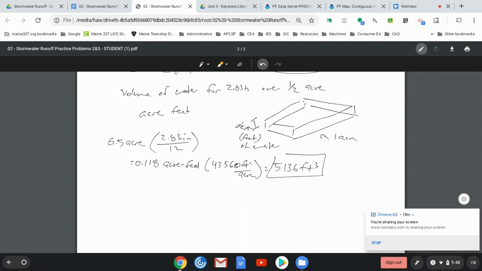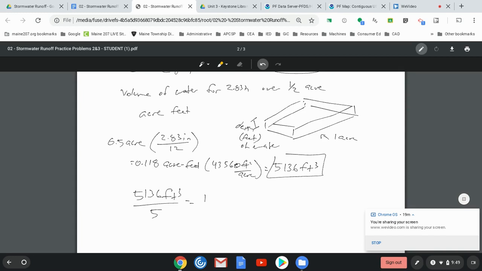So just pick a depth for a trench or a pond that you would feel safe with. Maybe a couple feet deep, maybe 3, 4, or 5 feet deep. If we take 5,136 cubic feet divided by 5, I'll just pick a number.